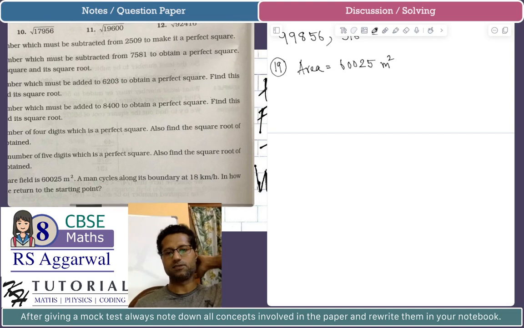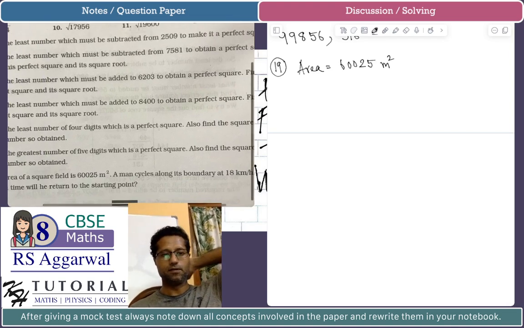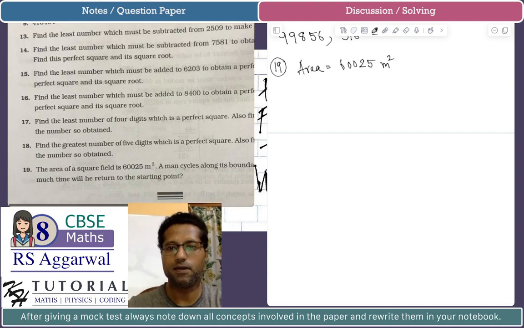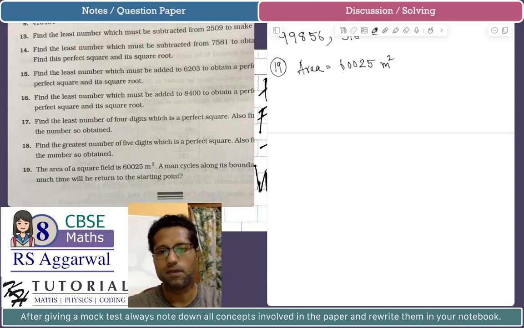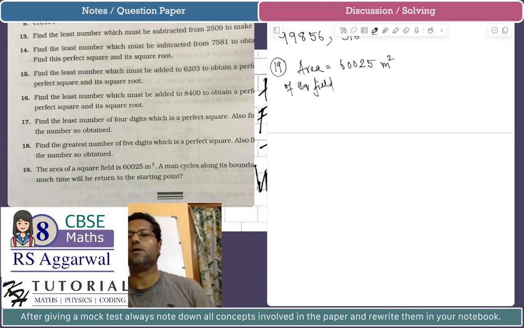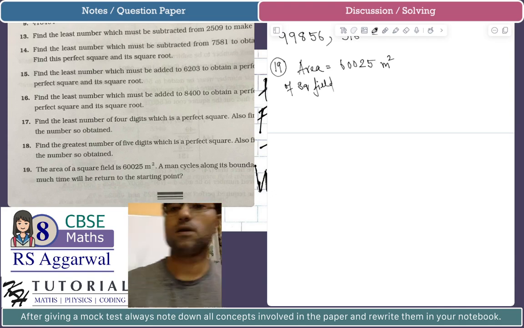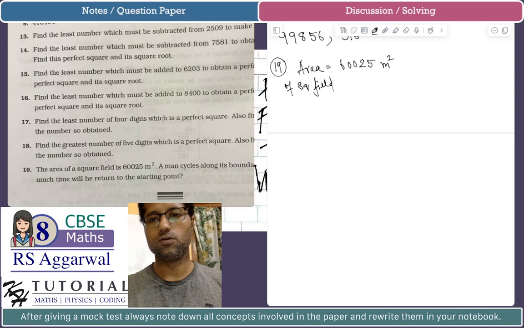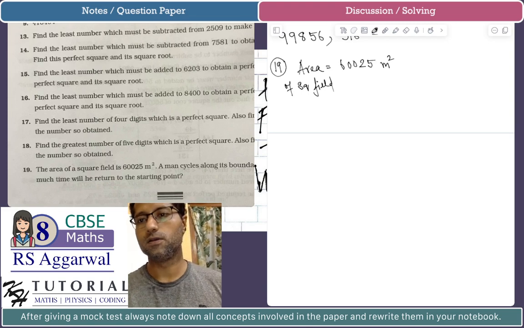A man cycles around its boundary. So it is a square field. The area of the square field is given to be 60025 meter square. So definitely all the sides are equal.